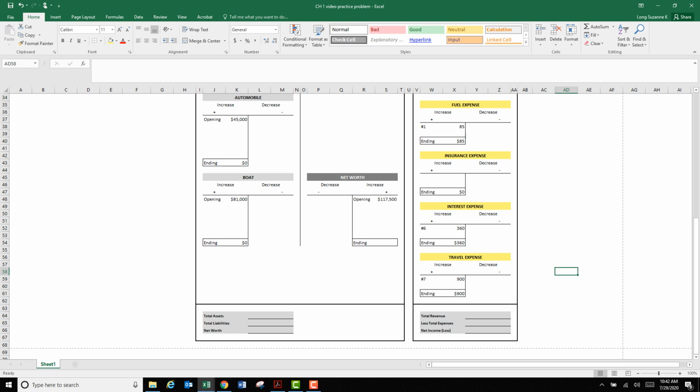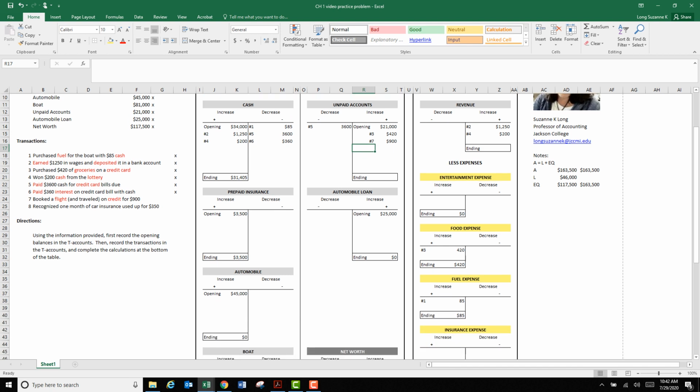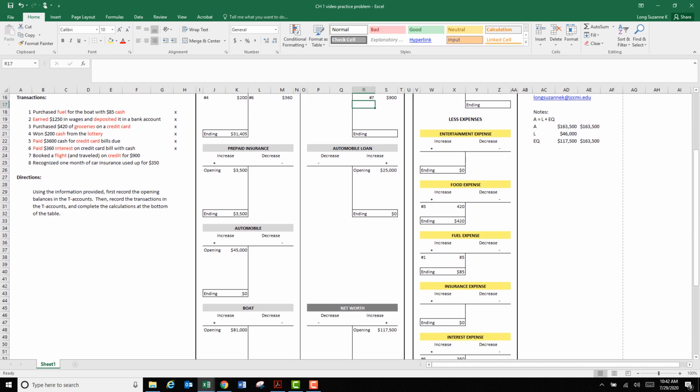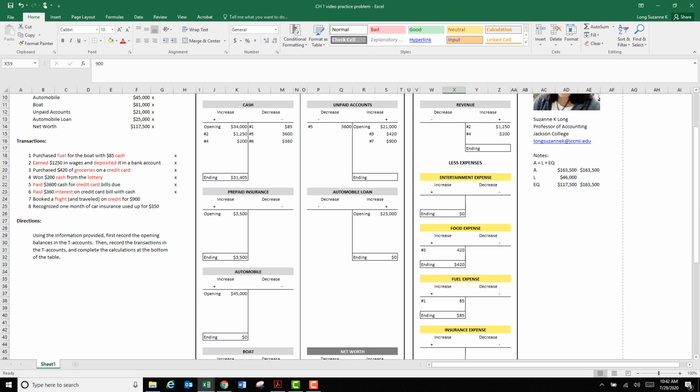Travel expense. Credit. Credit card. Unpaid. I have not paid for this yet. She has not paid for this yet. Elaine. Trust me, this is not my situation. Do we have a left and a right? I'm not going to be able to see it all on one screen. Left. Right. Good to go.